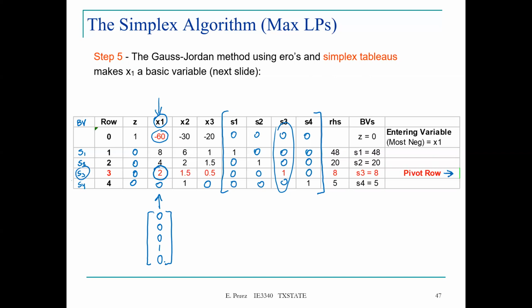And we are going to use the elementary row operations to make a column equal this. Okay, so that's what we're going to see on the next slide.